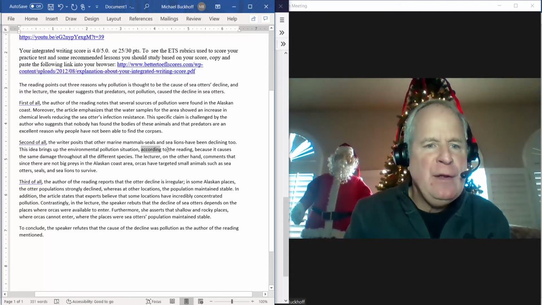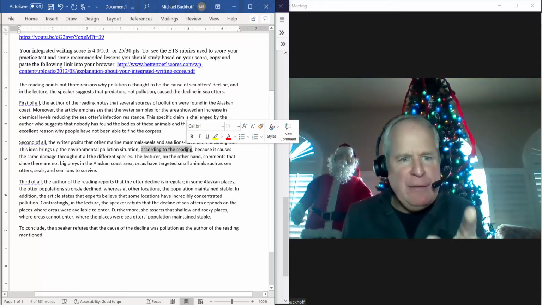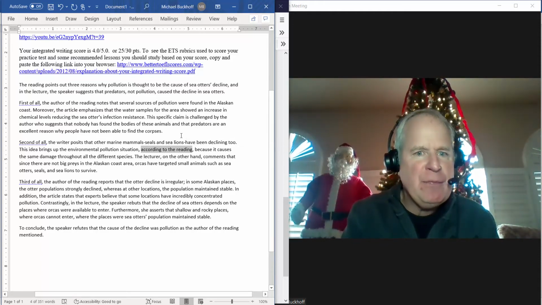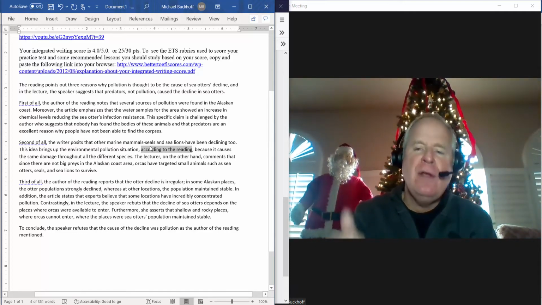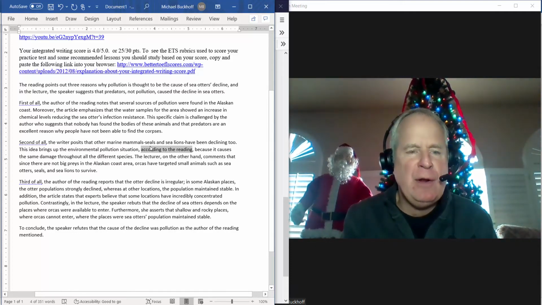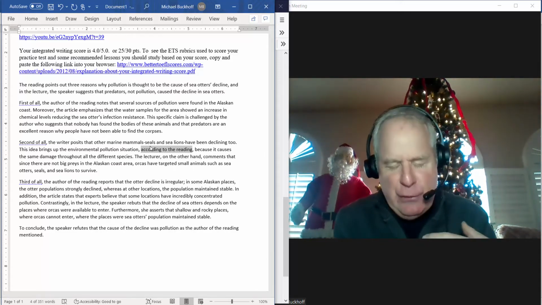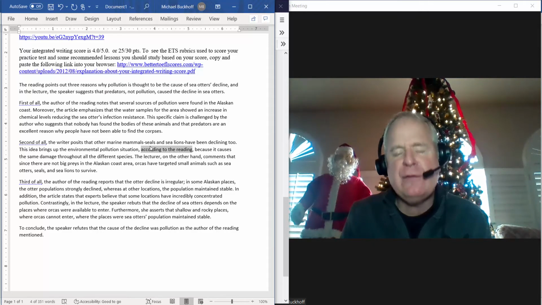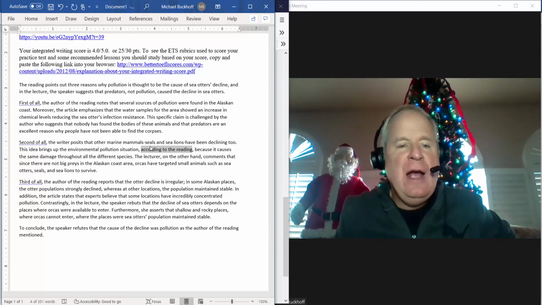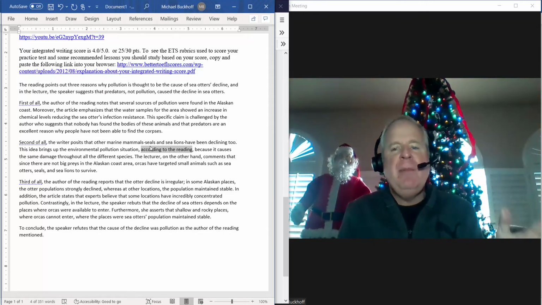So by putting the voice marker right after the independent clause and before the dependent clause, I give you some very big points on that. That shows that you do have some pretty good syntactic variety, and you acknowledge that voice markers are needed, and you're not always putting them in the beginning of the sentence.